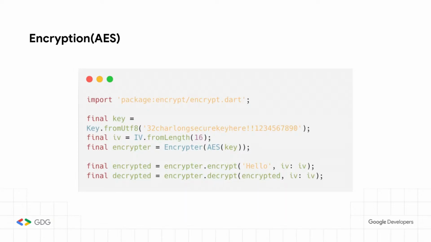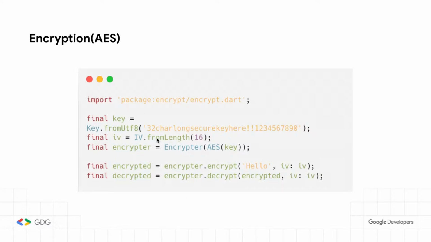So before the passwords go into the storage, we are going to apply an encryption method. Let's say I'm using shared preferences here. I do not want to store the password just as it is. I will first apply the encryption and then store it in secure storage, so that even if anybody accesses the encrypted password object, they cannot do anything with it.